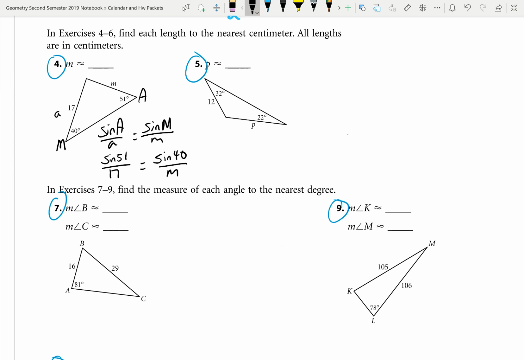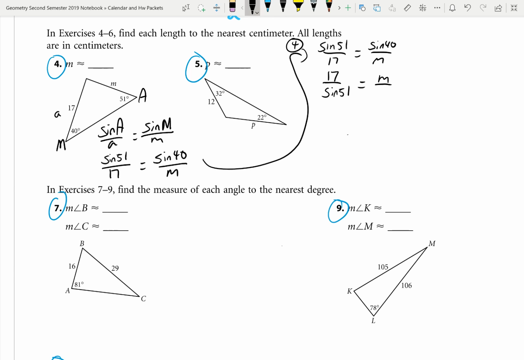So this is number 4. Sine 51 over 17 equals sine 40 over M. Now, when M's on the bottom, I personally like to flip both fractions so that M is in the numerator, and then I'll multiply both sides by sine 40.